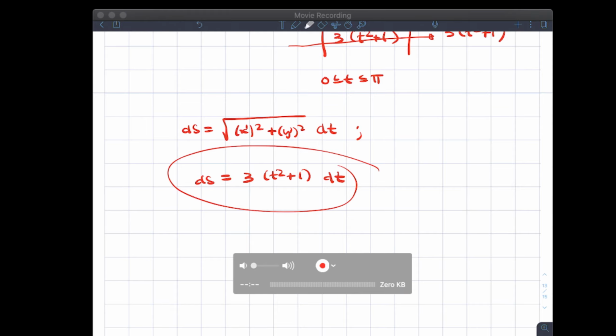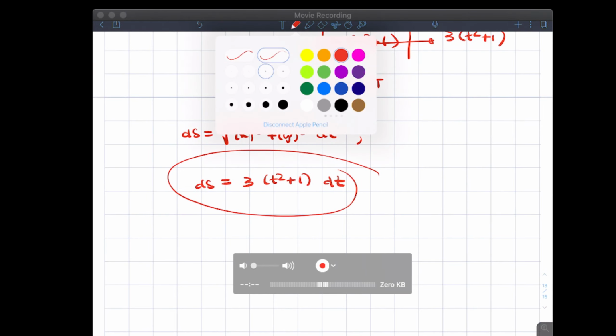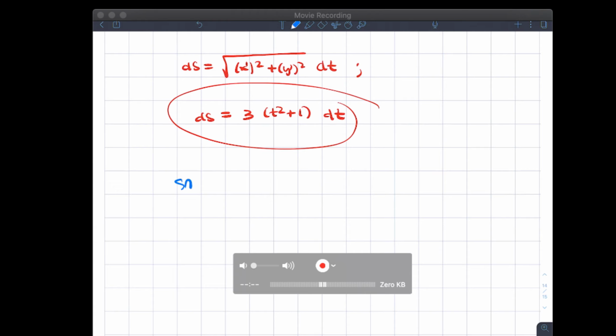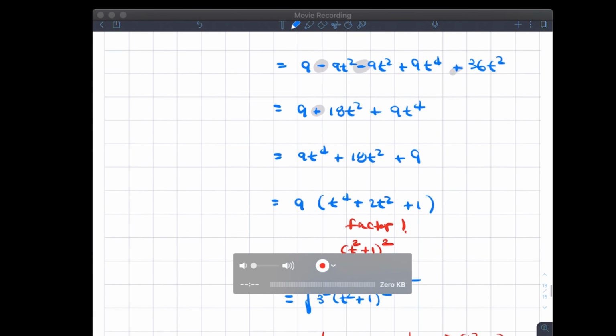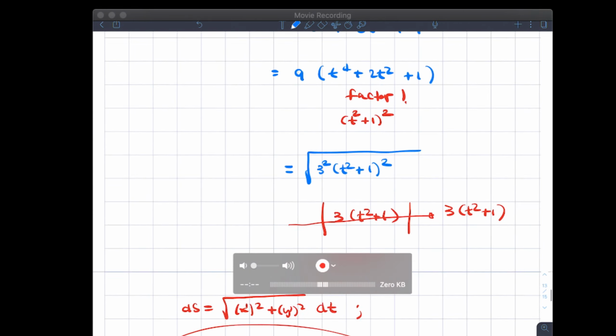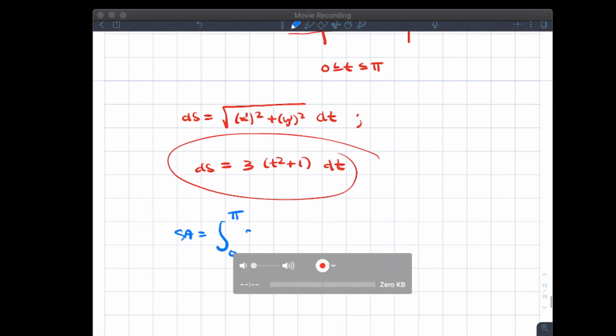Okay, so all together, let's write down the surface area formula. Surface area integral 0 to pi. So we have 2 pi times 3t squared, right? And then you say, I just found the ds. Oh, it's right above me. Good.